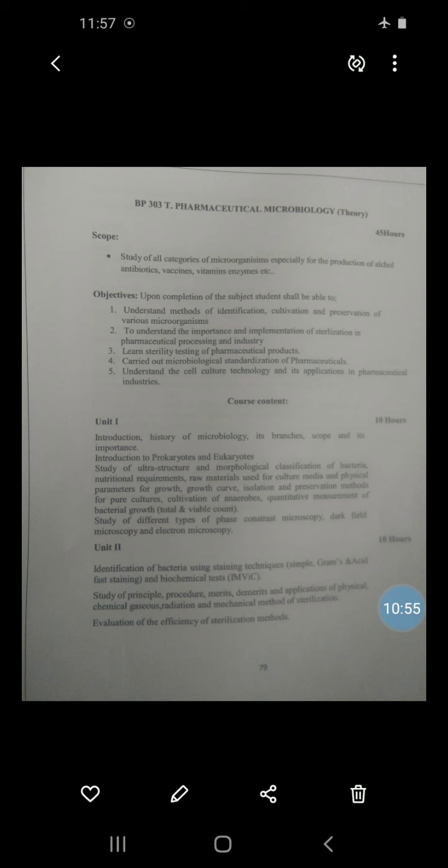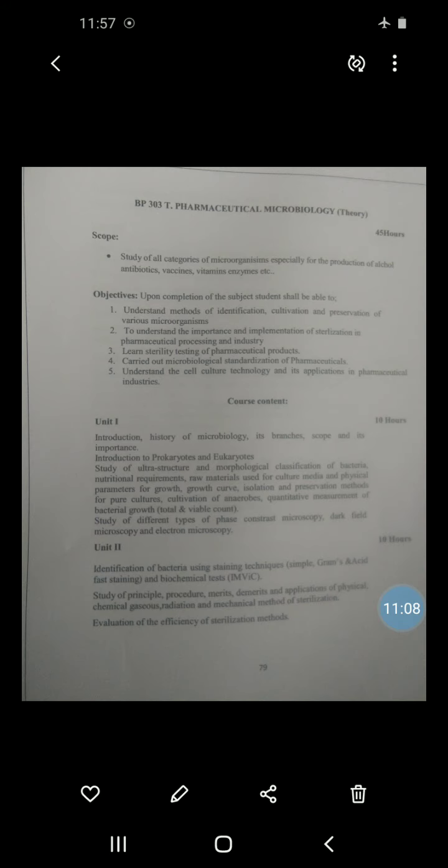So this is all about ethylene oxide. Next we will see beta propionolactone. It is the latest sterilizing agent. It has low vapor pressure, and it is a liquid at room temperature.